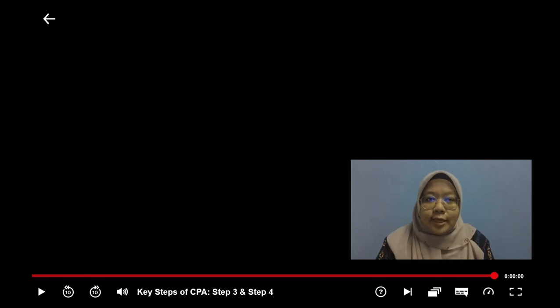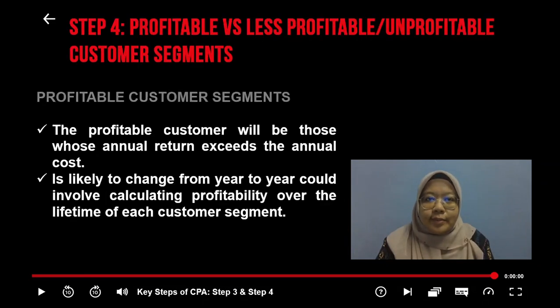The fourth step is to analyze the profitable versus the less profitable or unprofitable customer segments. The profitable customer segments are defined as those whose annual revenue exceeds annual costs.